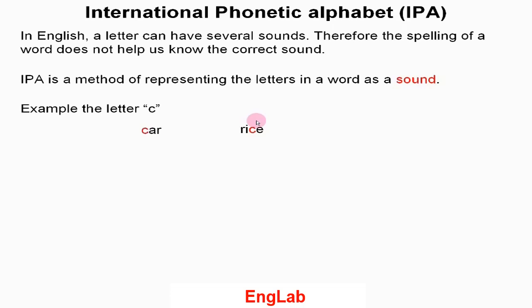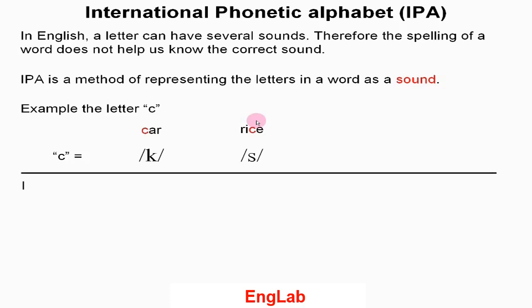So we use IPA to represent the two different sounds. Here the letter C in the word car has this sound k, and here it sounds like s.